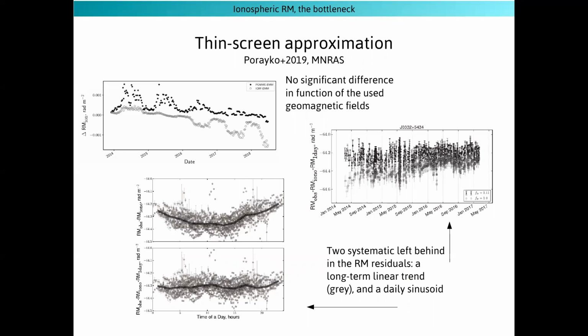And indeed, the authors reported two kinds of systematics left by the ionospheric corrections. One is this daily sine wave that we also saw in the previous plot, and the second one was a monotonic increasing trend with time.